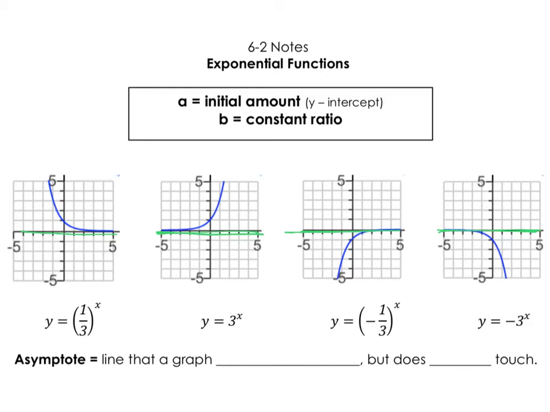So that is a line that a graph gets very close to, but does not touch. Now, all of these asymptotes are going to be written as y equals some number, just like a horizontal line equation would be written back when we were writing horizontal and vertical line equations.